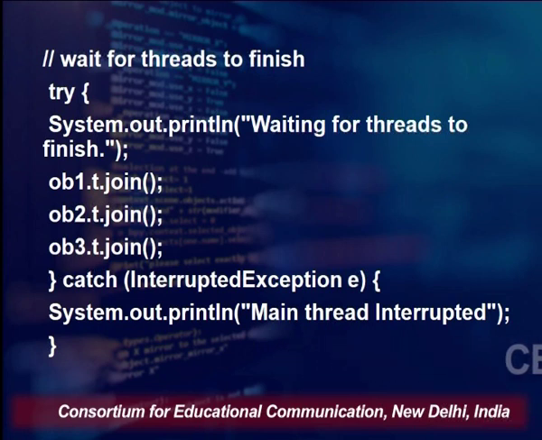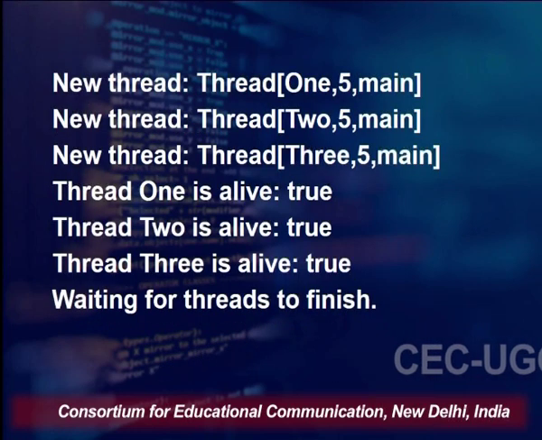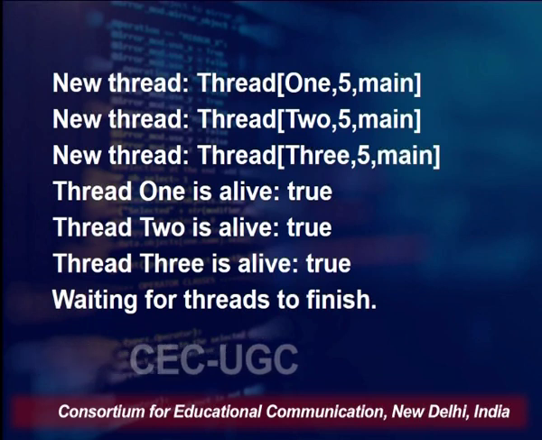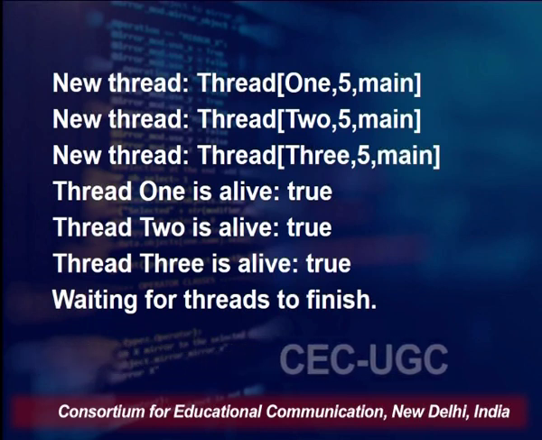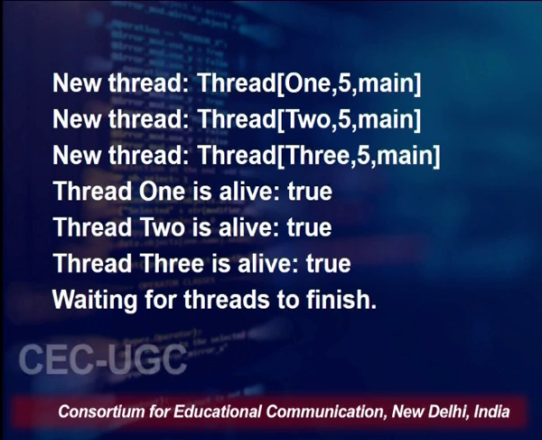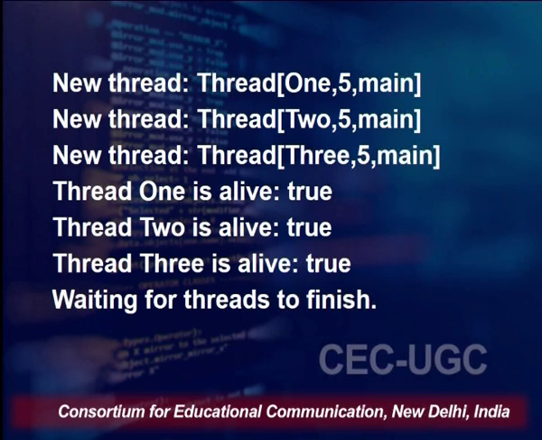If we run this program, let us see how it is going to work. First of all, these new threads 1, 2 and 3 are being created. What is the information written inside the square brackets?